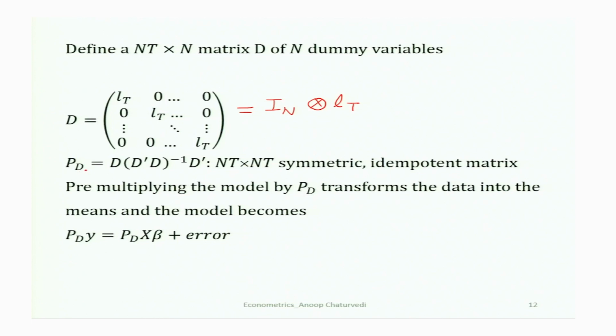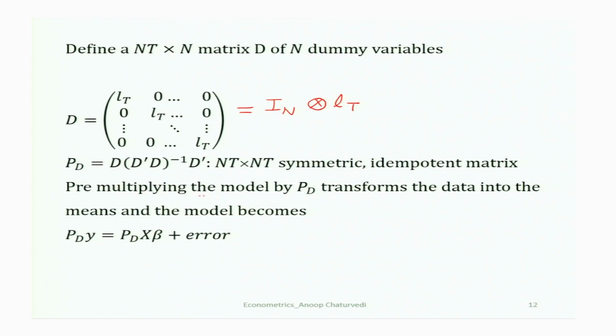And then P_D is equal to D (D transpose D) inverse D transpose. So, as we have verified in the last lecture, P_D is also a symmetric idempotent matrix, and the order of P_D is NT cross NT.